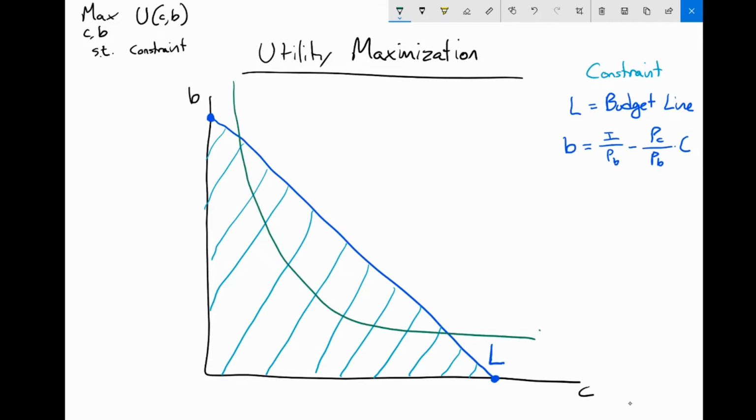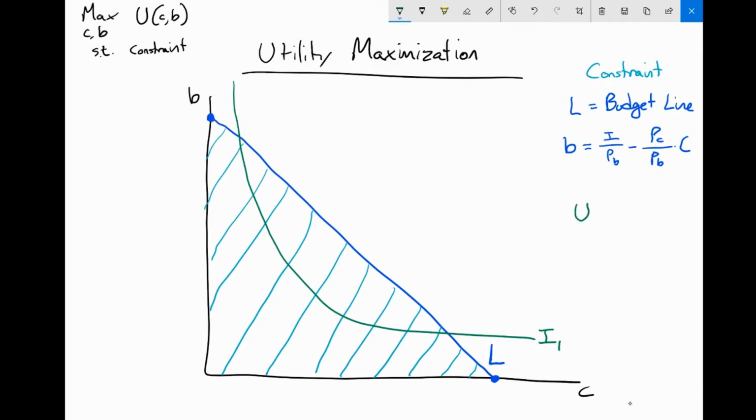This indifference curve, we'll use the letter I, we'll call it I1, represents all the possible combinations of bagels and coffee that would give the agent some identical level of utility.